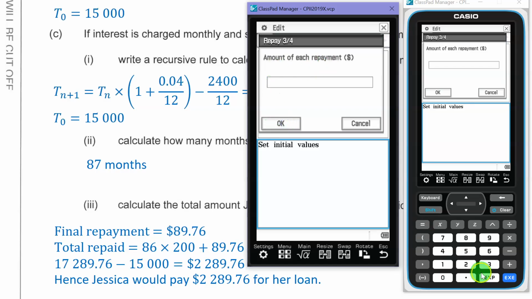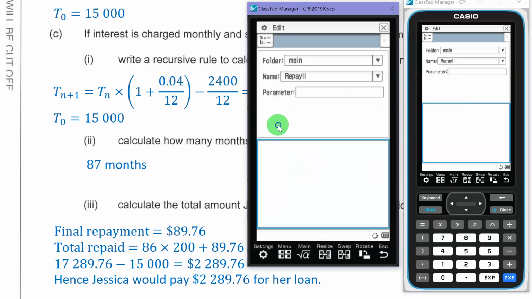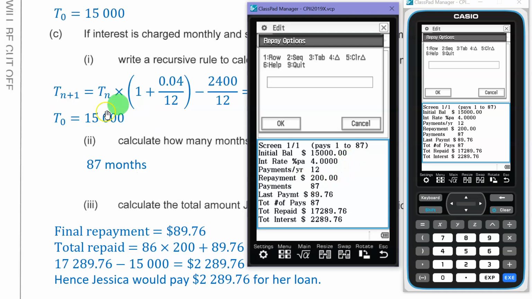The amount of each repayment was $200, wasn't it exactly? And we're making 12 payments a year. So now when we press OK, all of the calculations we just did are shown at the bottom of the screen here. The last payment, the total number of payments, the total repaid, and the total interest.